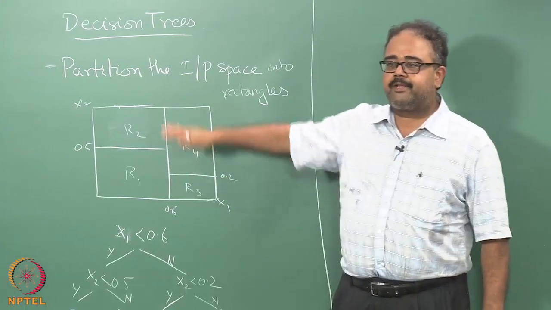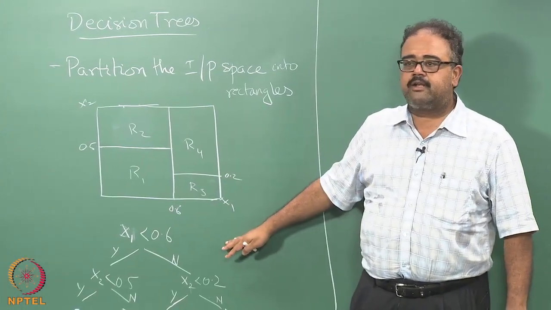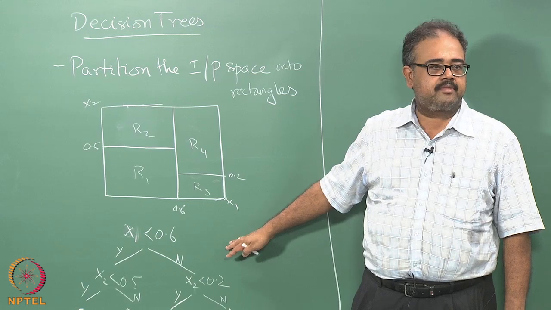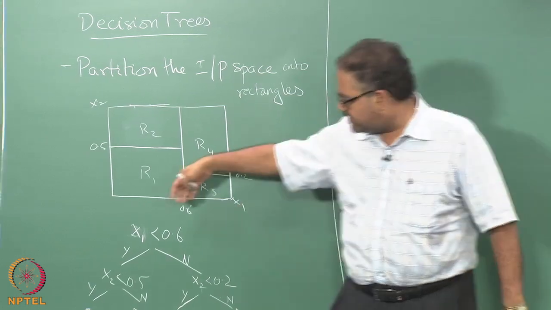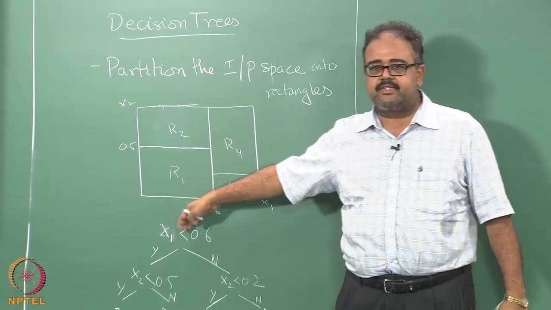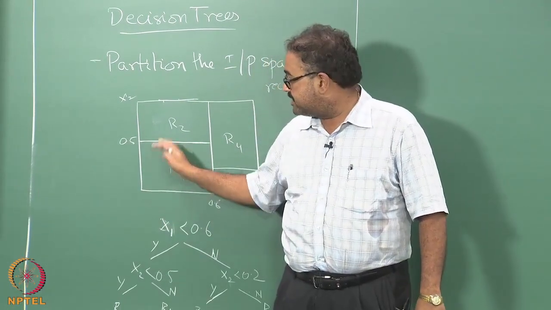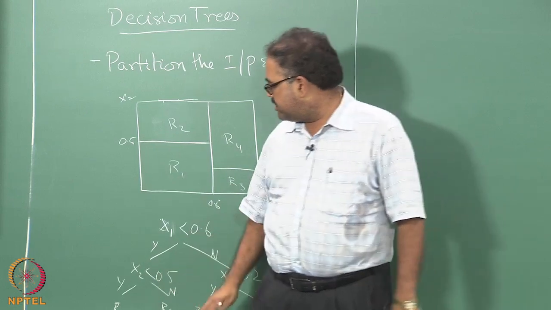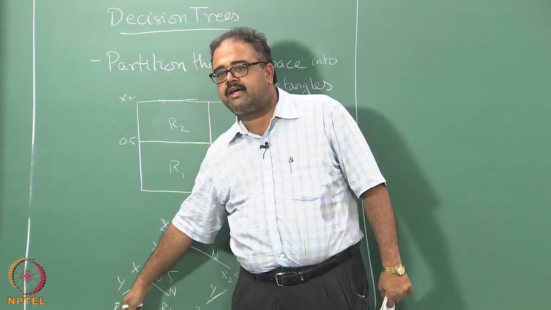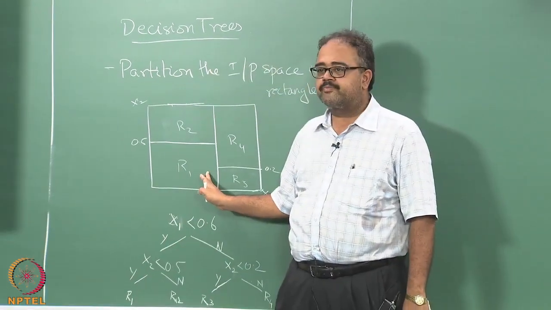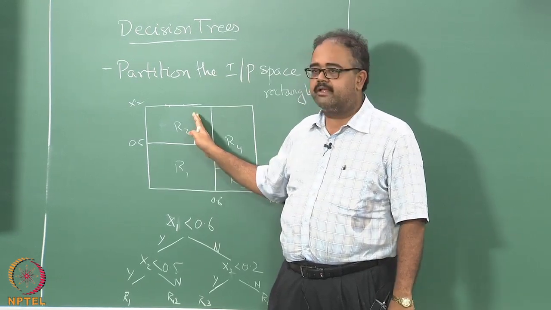I can very compactly represent this rectangular segmentation as a tree. If it is true, I go to the right, and then again I ask, is x2 less than 0.5? If true, I go to the right, and I say that this is R1; otherwise I am here.